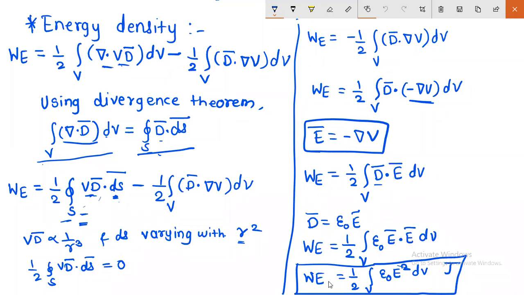So I'm taking this as E square. Okay, so this is the final equation for energy stored. So write down this. We'll see one example.